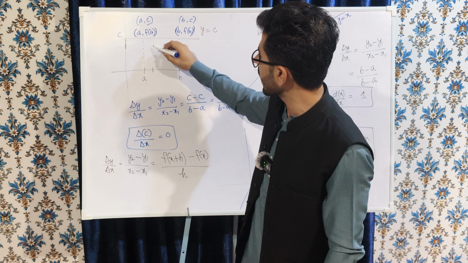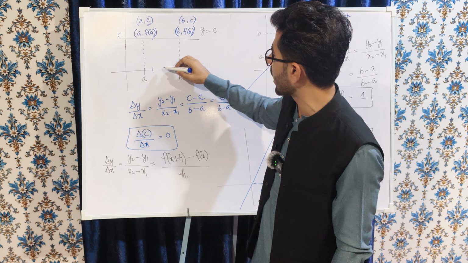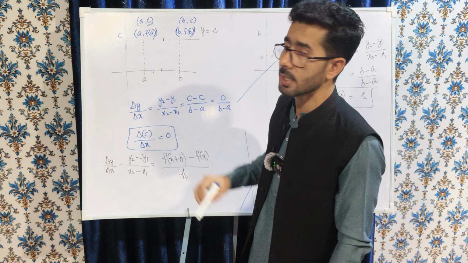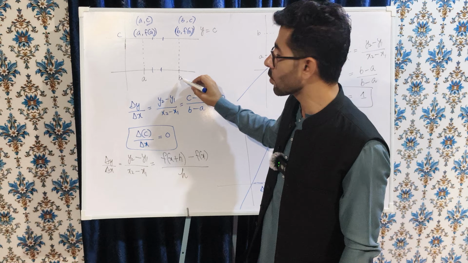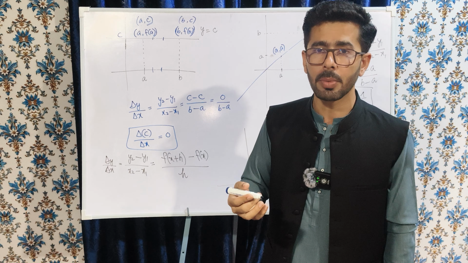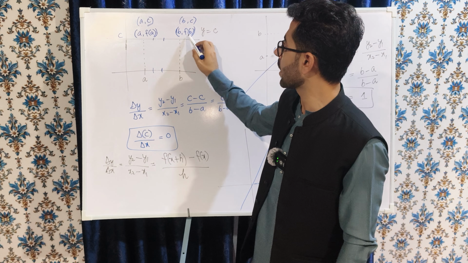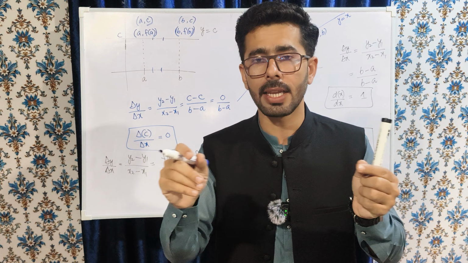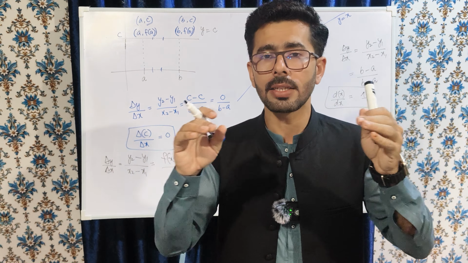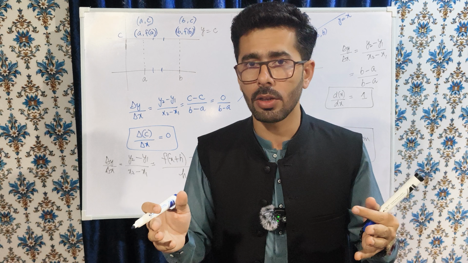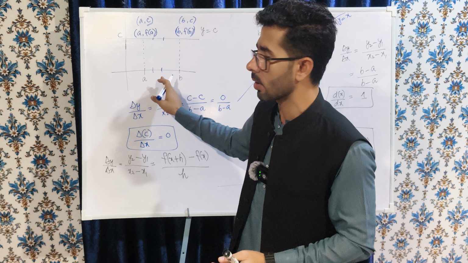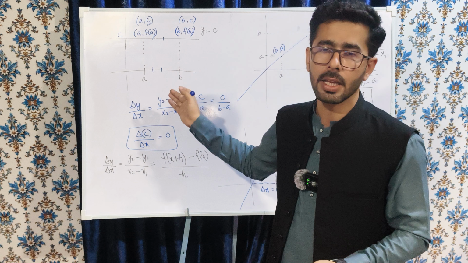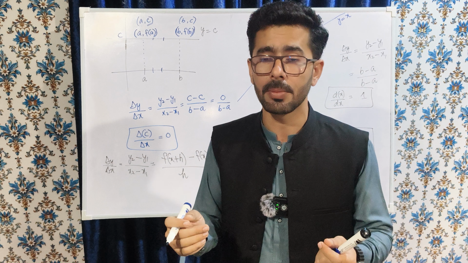If I study it at any other point, it's still the same height. If I choose another reference point, say b, my output for b is again c. So this y equals c line has the same height c at every input, no matter what value you choose, even before a or at a or after a or at b or wherever.